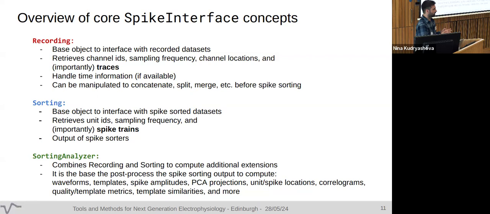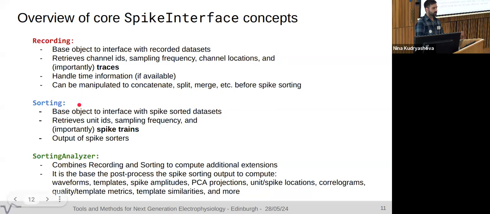And of course, it allows us to retrieve the traces, but on demand. So you would say, I just want the traces from 1 second to 2 seconds on this subset of channels. And these are grabbed from the file lazily and on demand. And then these objects can be easily manipulated. So you can concatenate them, split them, aggregate channels or select a subset of channels and so on.